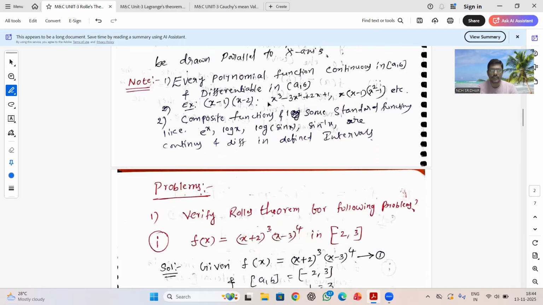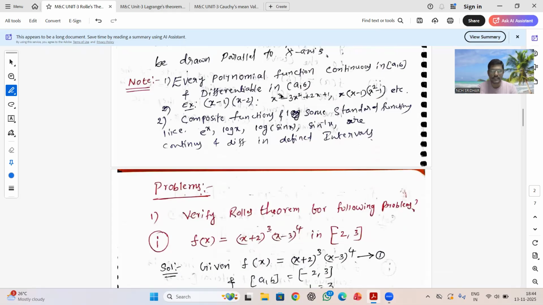What is meant by polynomial? Polynomial is nothing but x cube minus 3x square plus 2x plus 1. You have learnt about polynomials in your 10th class level, right? This is a polynomial of degree 3.